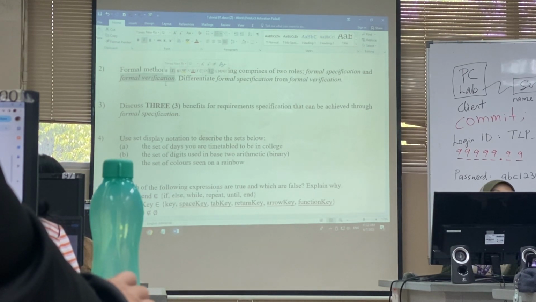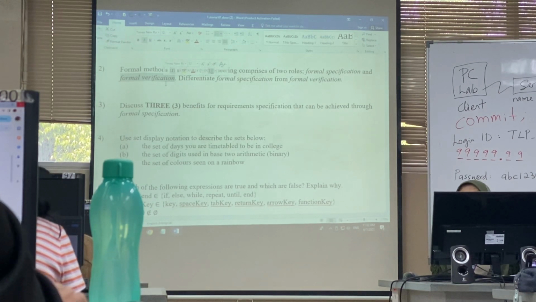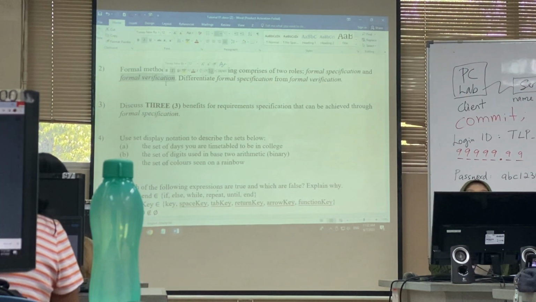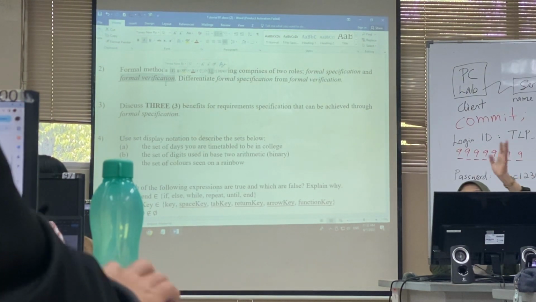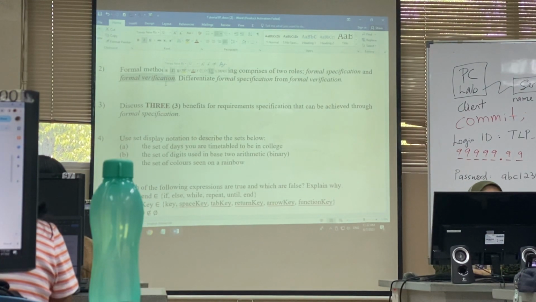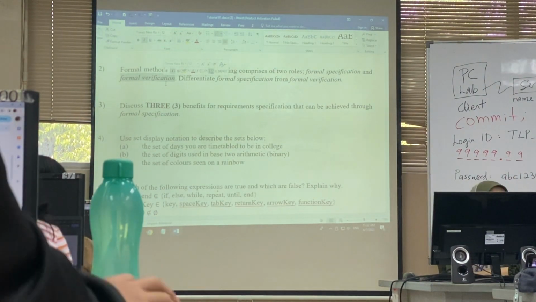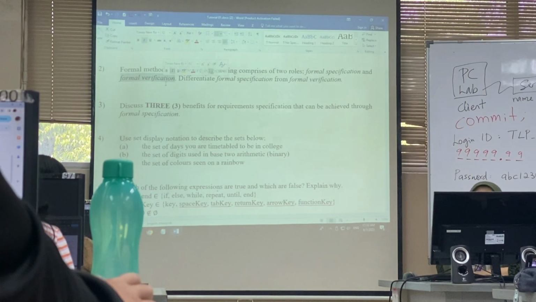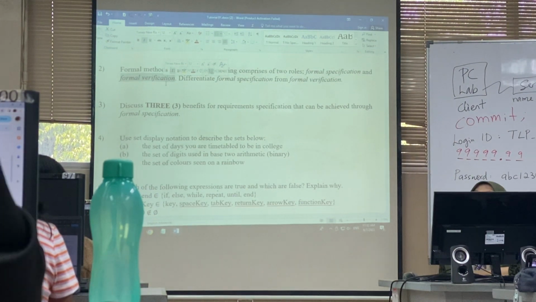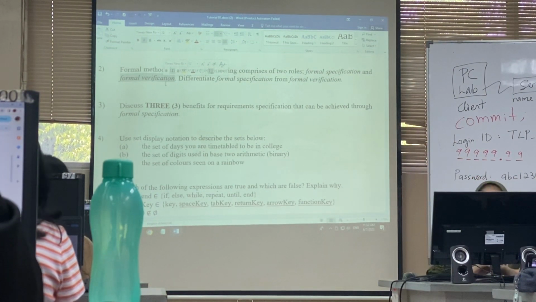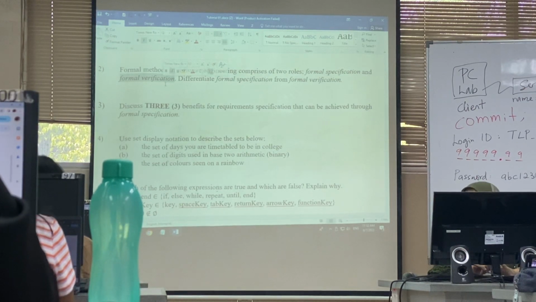Rather than having data mixed up together, in the specification you have a very standardized specification of requirements, all grouped together accordingly. So this is what we call specification.